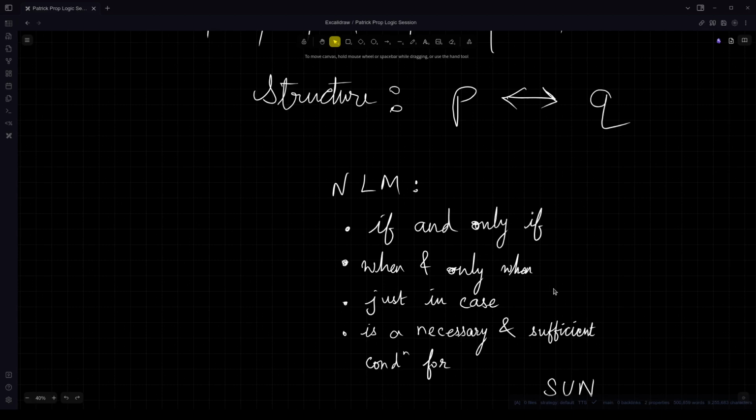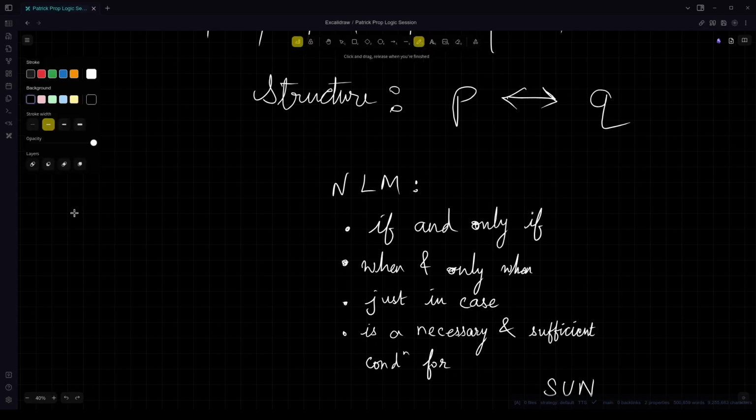Bob is a goat is a necessary and sufficient condition for Joe is a dog. That's the last natural language motif we have in the bullet point list. The first one is if and only if: Bob is a goat if and only if Joe is a dog.